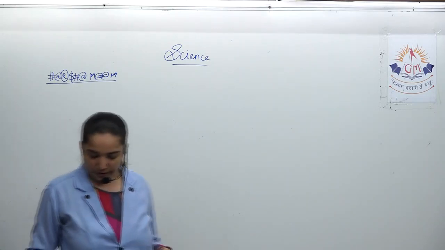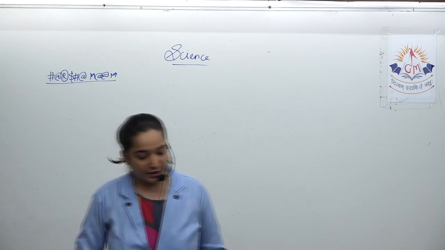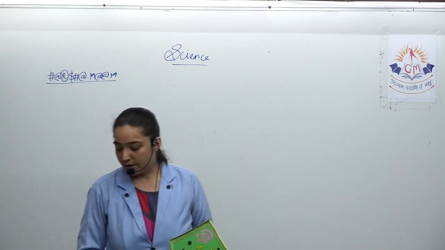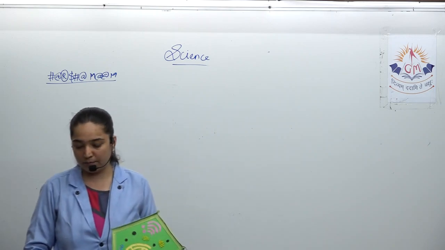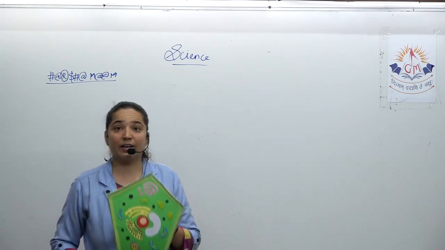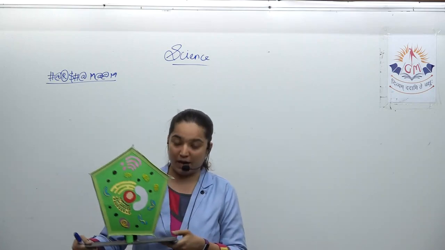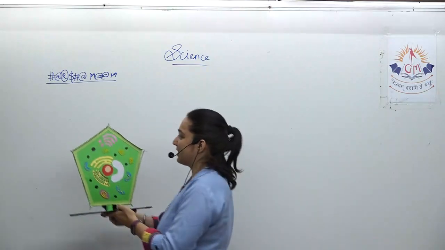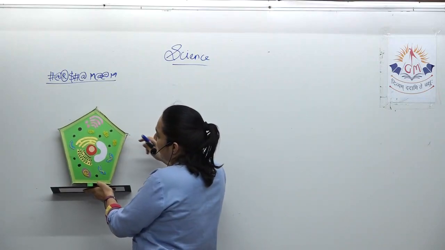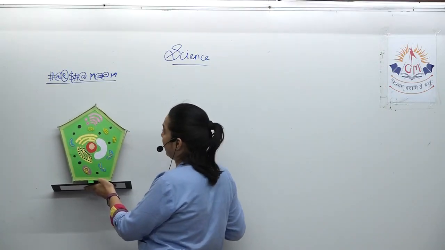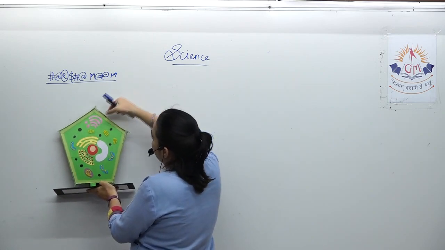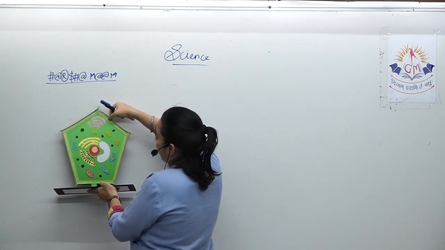The next topic which we are going to do is the cell membrane, and even in your textbook the cell membrane has been drawn, like a plant cell is shown, and here also we have a plant cell. If you observe this plant cell, this is one of its layers and this is another layer.